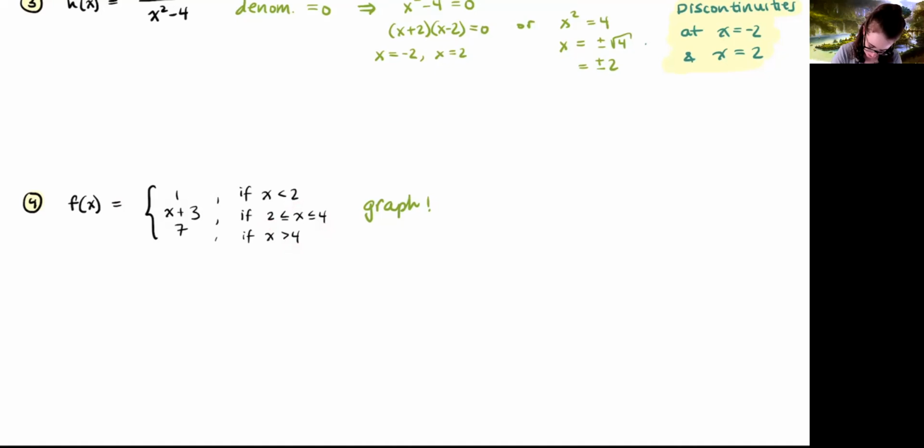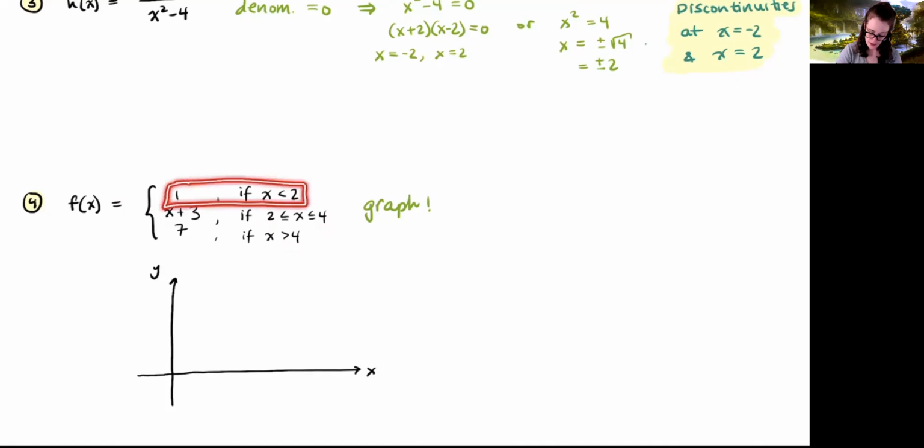So let's put our axes here. I'm really focusing between 2 and 4, so I don't need too much of a negative axis for x. Okay, the line y equals 1, or f of x equals 1, I'm just starting with this first part here. That's going to be for x less than 2.